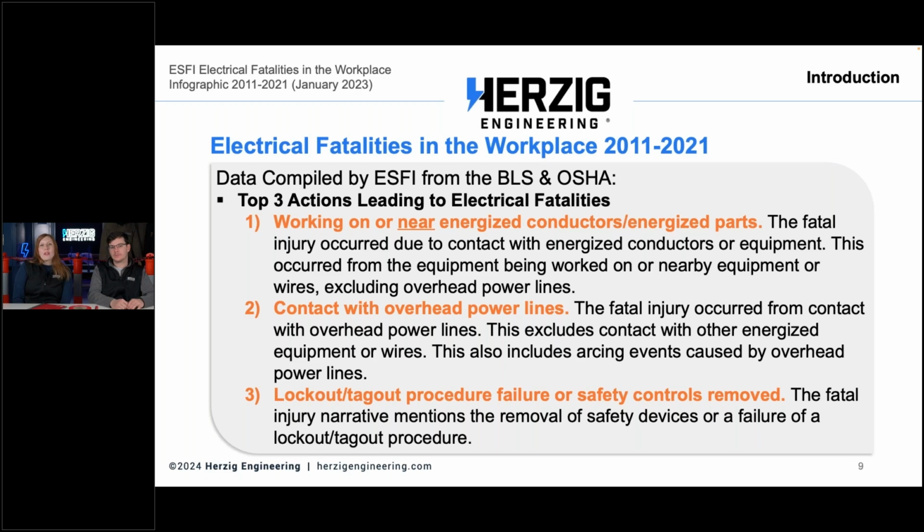But the one we're really going to focus on is working on or near energized conductors or circuit parts. Okay, so not just when you're touching the components. Yeah. Within a certain distance around exposed parts, it can be reasonably assumed that you could get hurt or killed. You don't have to physically touch it for it to hurt you or kill you. Yep. Okay, so that's the point we're making here.